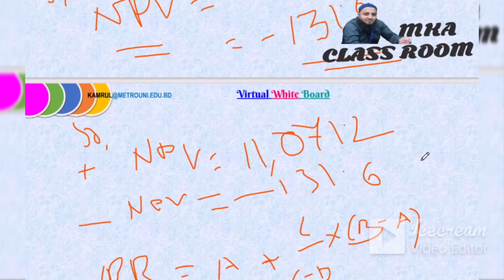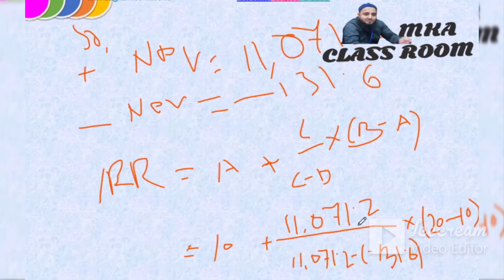Plus C, the lowest interest rate's NPV, that is the 10% NPV, 11,071.2, divided by 11,071 minus D, the highest rate's NPV. The highest rate is 20%, which shows negative NPV, 131.6, into 20 minus 10, the highest interest rate minus the lowest interest rate.